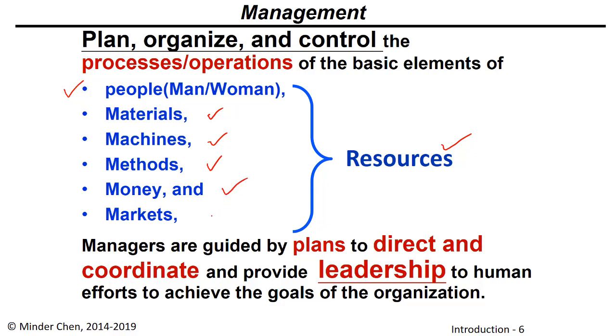There are also financial resources, which is money, and managing the customer and the marketplace. Managers are guided by a plan, which means we need to create the plan through the planning process, and direct, coordinate, and provide leadership to human effort to achieve the goals of the organization.